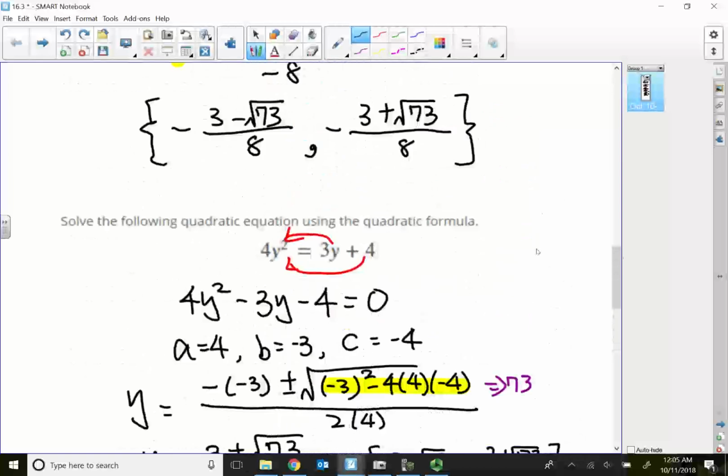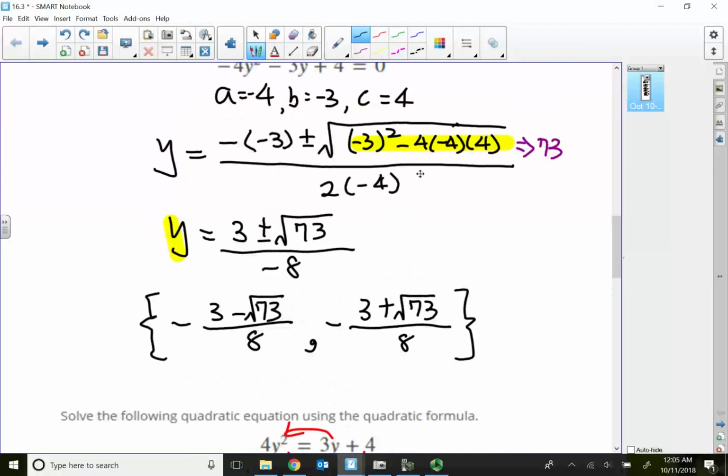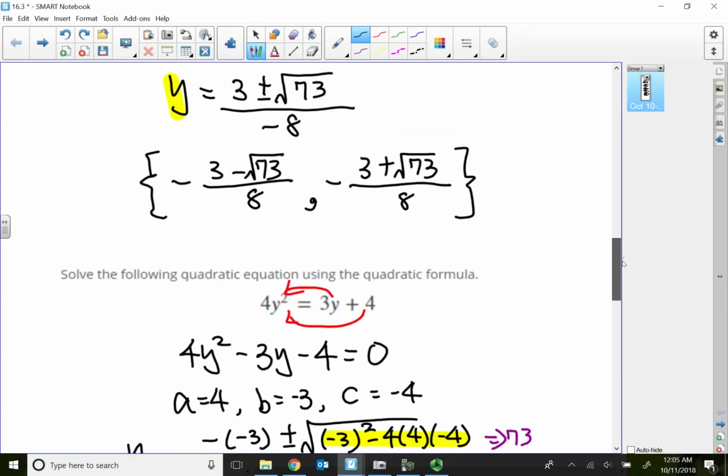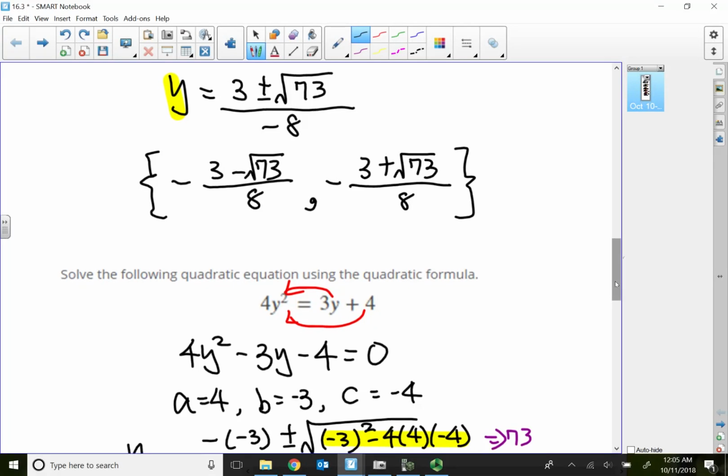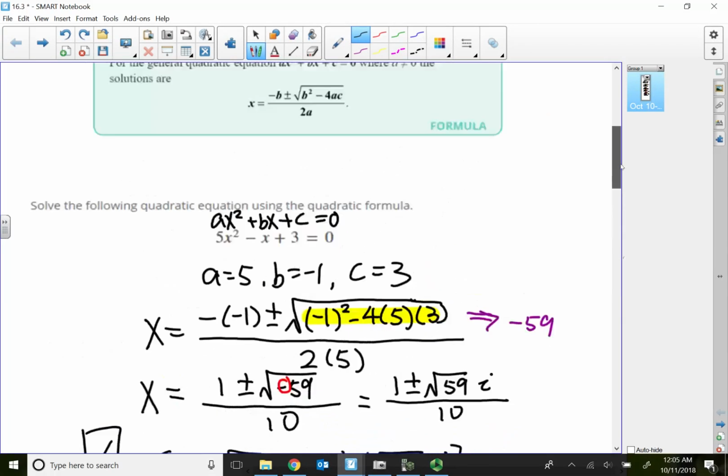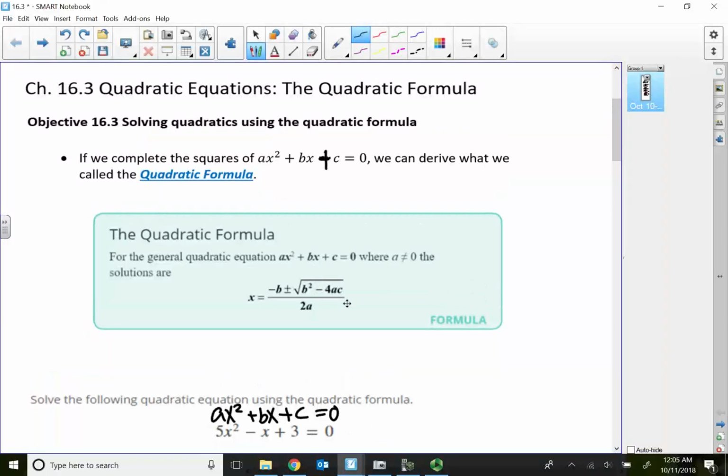So when it's not a perfect square number inside the square root, then my answer will contain some sort of radical. All right, so basically what's inside this formula, b squared minus 4ac, is something called the discriminant.